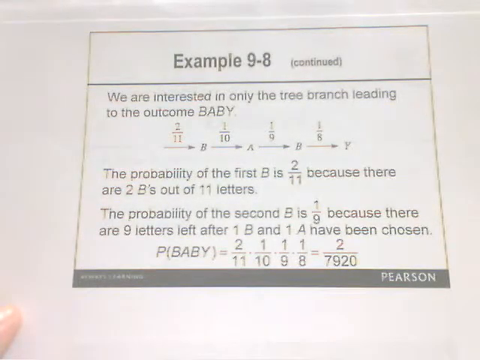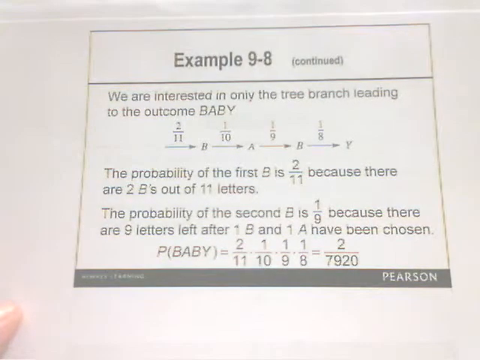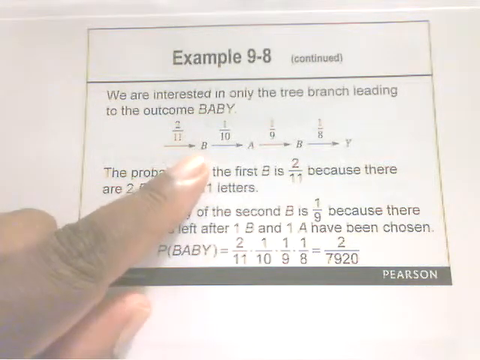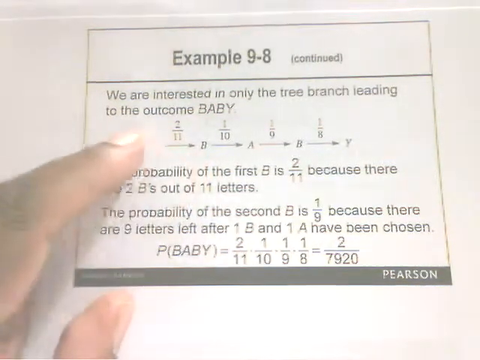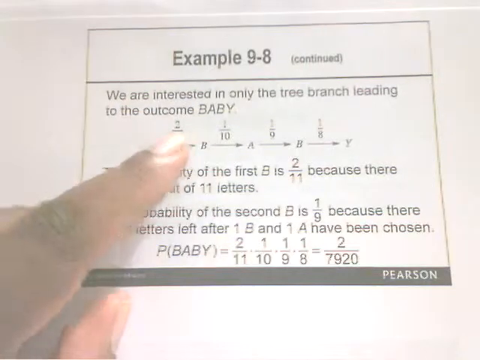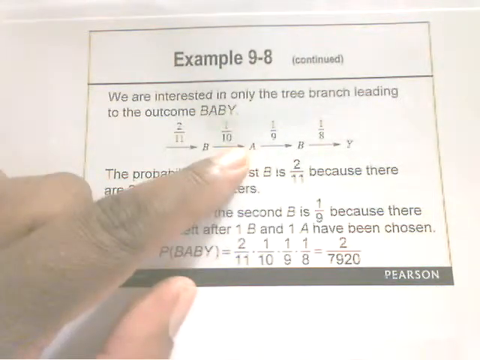So we're only interested in the tree branch leading to the outcome BABY. So here, the first letter we want to draw is a B, so the probability of drawing a B would be 2 over 11, because in the word probability there are 2 B's. Then the next letter would be A. Now, we're not replacing it, so that means that the B is drawn, that means that there are going to be 10 letters left.